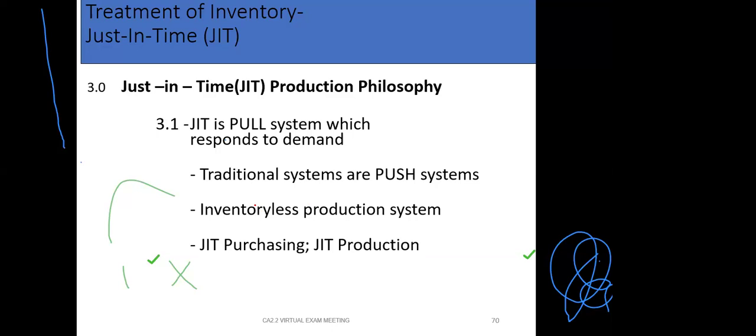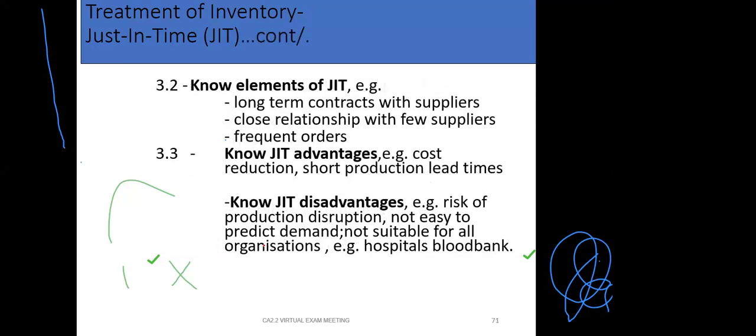Whereas the JIT system is an inventory-less production system. You only buy the materials once there is an order. JIT purchasing: you only buy the materials when you see an order from a customer. And JIT production: you only produce when there is a customer waiting.